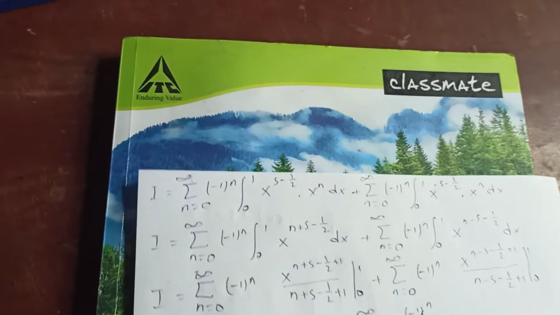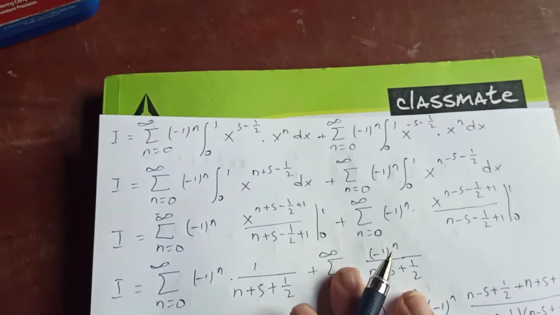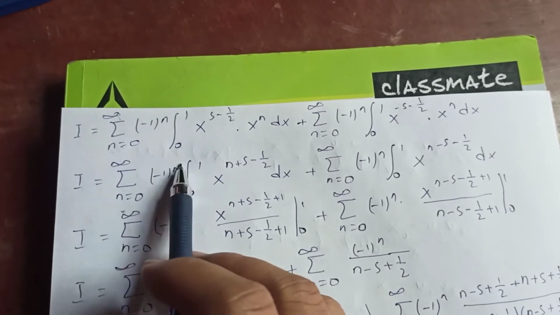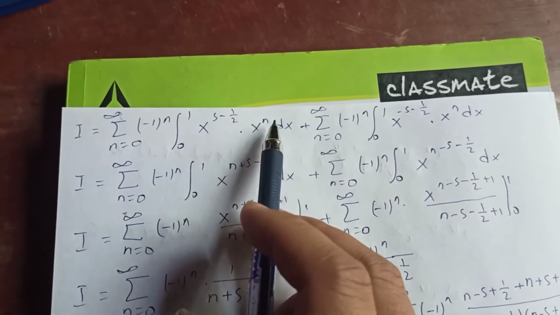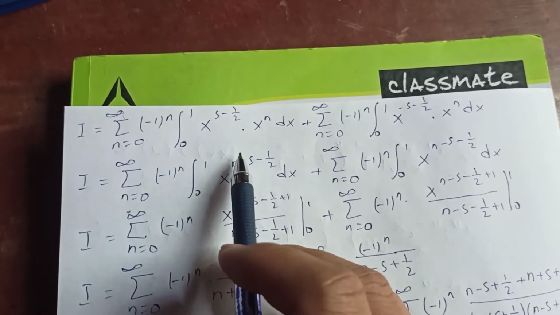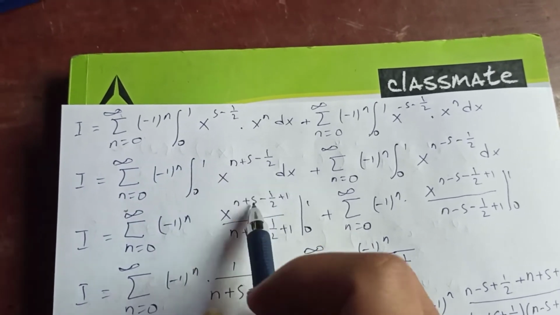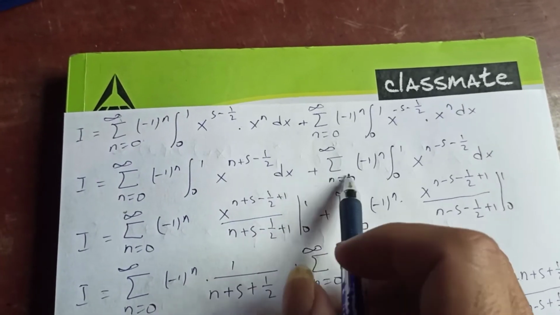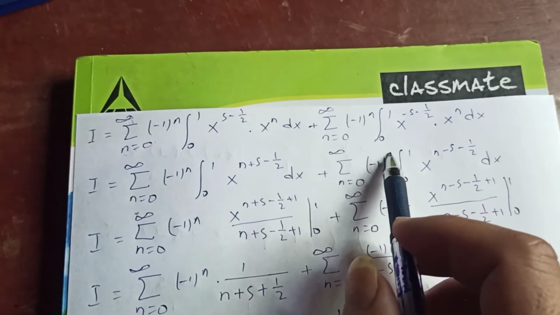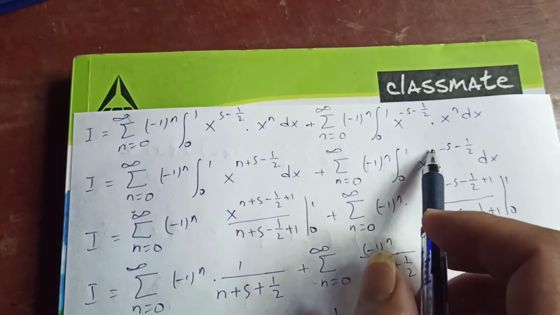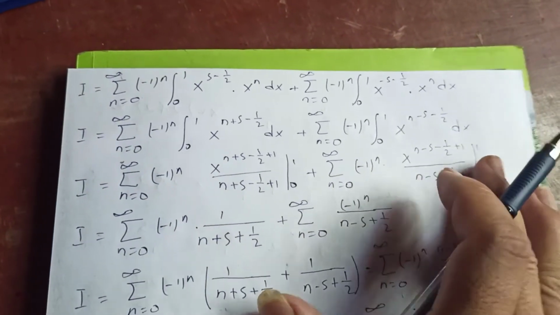So I is nothing but the sum from n equal 0 to infinity of (-1)^n, the integral from 0 to 1, combining these two, of x^(n+s-1/2) dx, plus the sum from n equal 0 to infinity of (-1)^n, the integral from 0 to 1 of x^(n-s-1/2) dx.